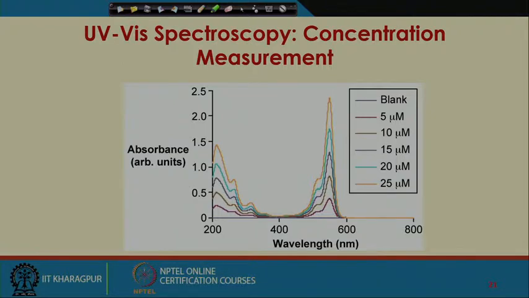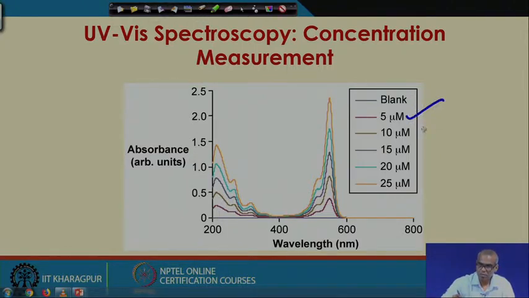What you see is an absorption spectra for, say, a particular compound dissolved in a transparent solvent, and I have prepared samples of various concentration. Say the concentrations are 5 micromolar, 10 micromolar, 15, 20, 25, so on and so forth.